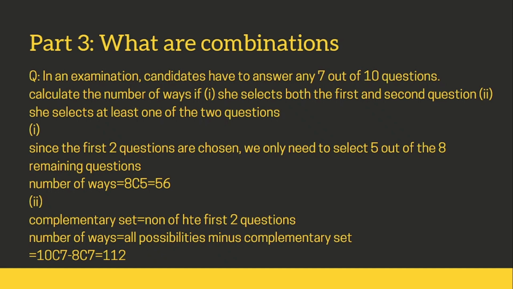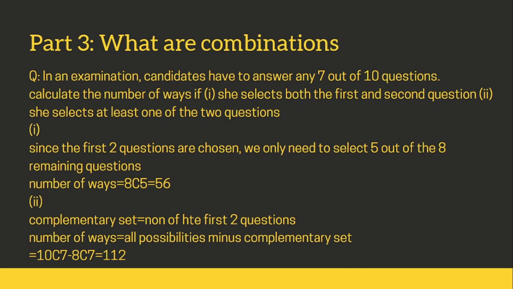And in part 2, we can actually do a complementary set. So we find none of the first 2 questions. So the number of ways is all possibilities minus this complementary set we made. So it will just be 10 choose 7, and then we minus the scenario where none of the first 2 questions are chosen.